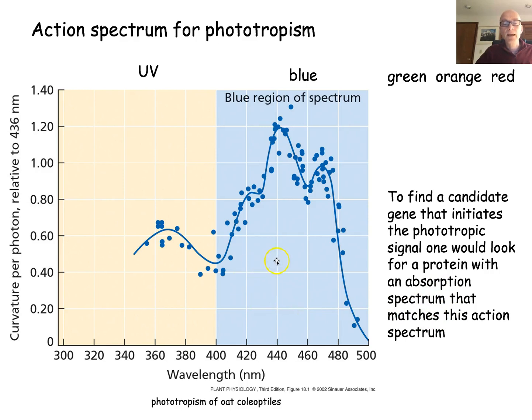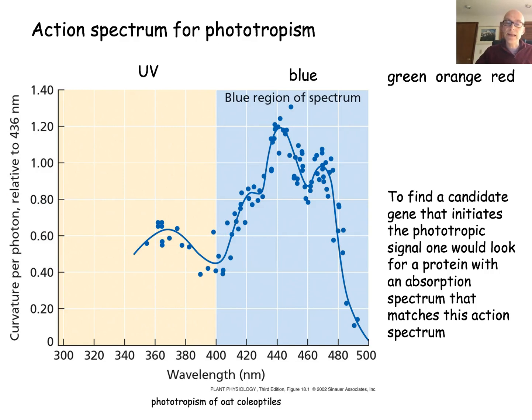So a photoreceptor that absorbs at exactly these types of wavelengths would be the one that you would expect to have a response in these wavelengths, in this case the response of phototropism.